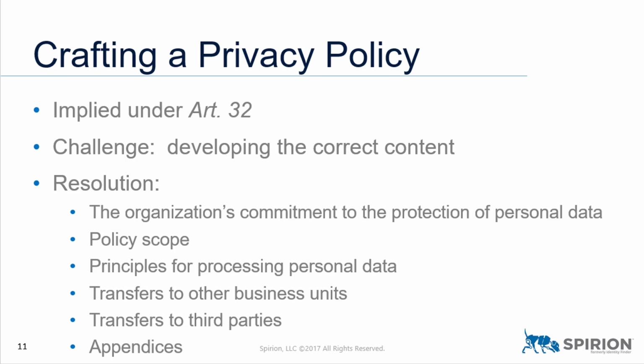There's no reason to reinvent the wheel, they're already there. Talk about how you're going to be transferring personal data to different business units in your organization, and how you're going to do it with third parties. What's your overall policy? You're going to mandate that third parties have a data protection policy and practices and security and all those things that come under Article 28.